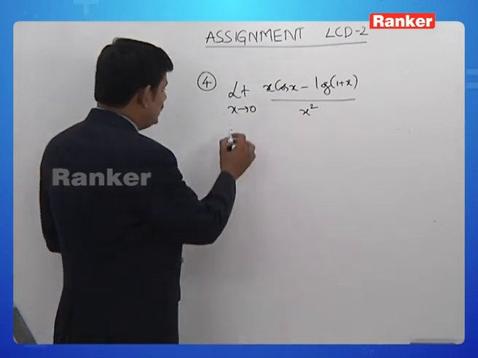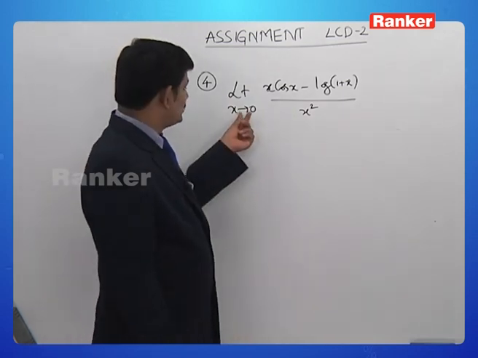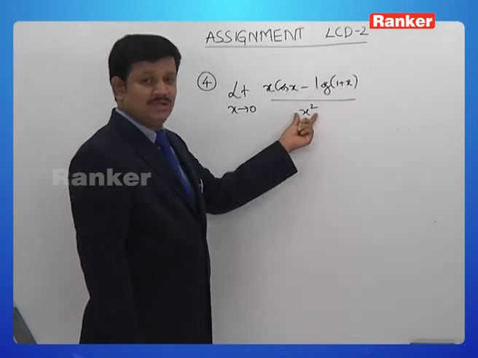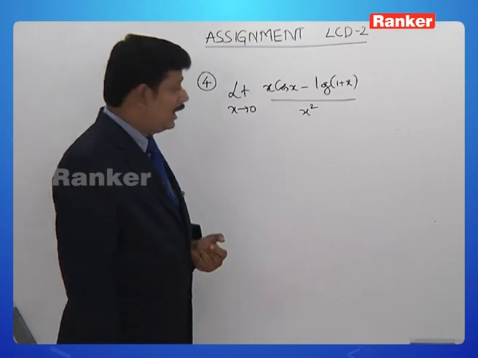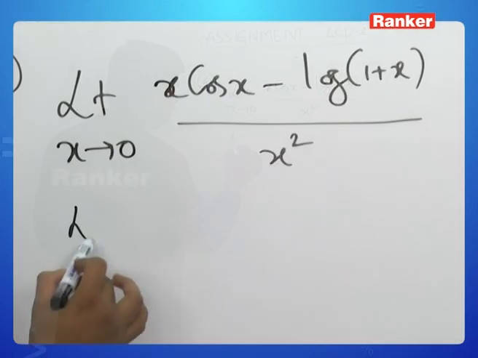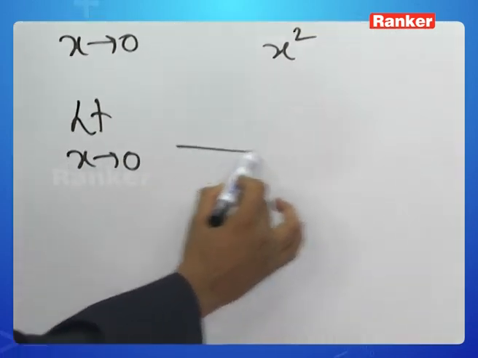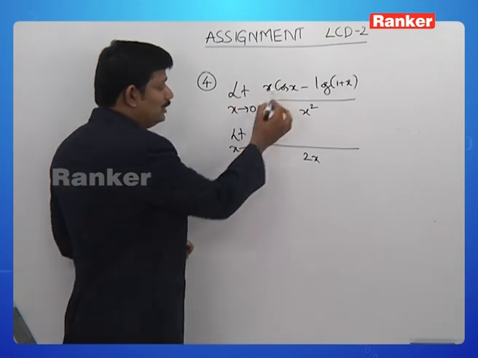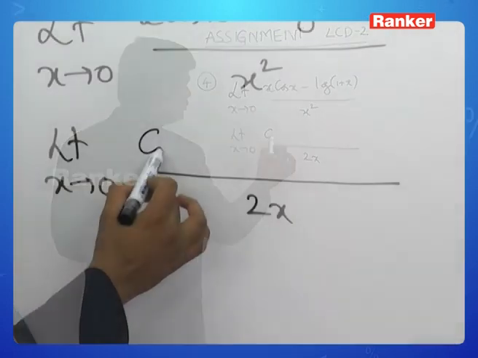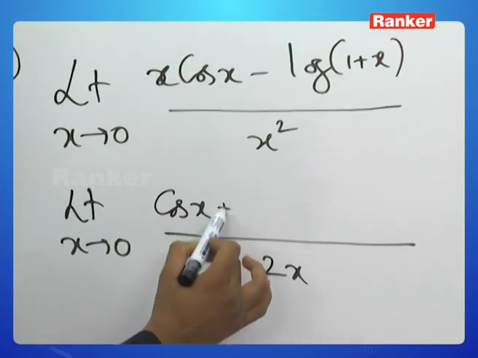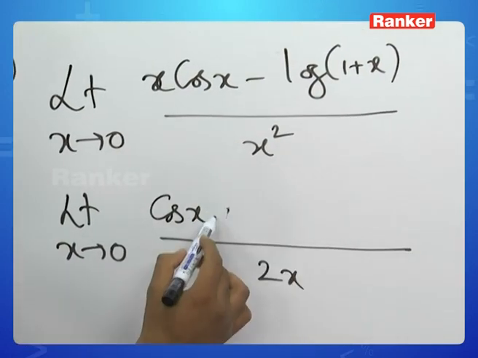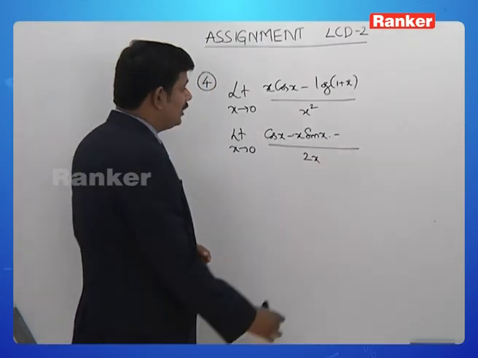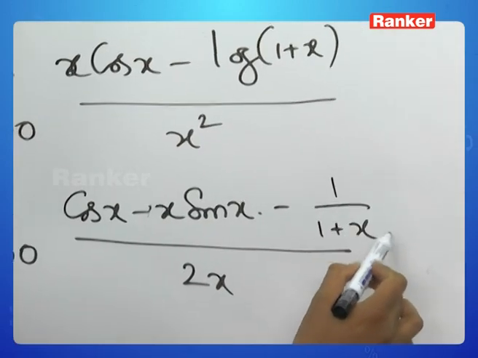You can differentiate the numerator, differentiate the denominator. As x tends to 0, x cos x is 0, log 1 is also 0, x square is also 0. So it is a 0 by 0 form, and we can see all differentiable functions here. So this limit will be the same as limit x tends to 0, the denominator derivative is 2x, the numerator apply UV rule, the derivative of x cos x is cos x plus x into the derivative of cos x, which is minus sin x, minus the derivative of log of 1 plus x, which is 1 by 1 plus x.